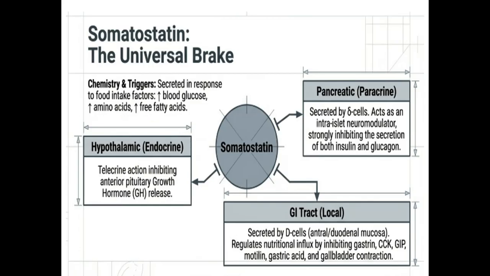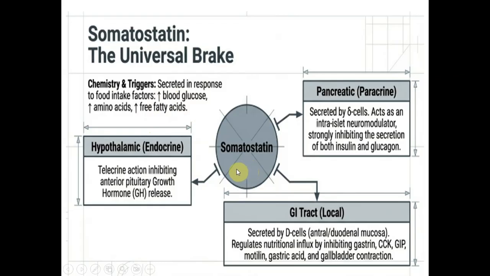So, in this slide, you can see that somatostatin is the universal brake, and the chemistry has already been discussed in the previous slide. It is secreted in response to food intake factors, that is, increased blood glucose, increased amino acids, and free fatty acids.